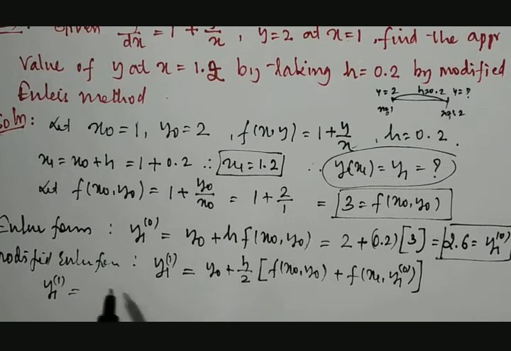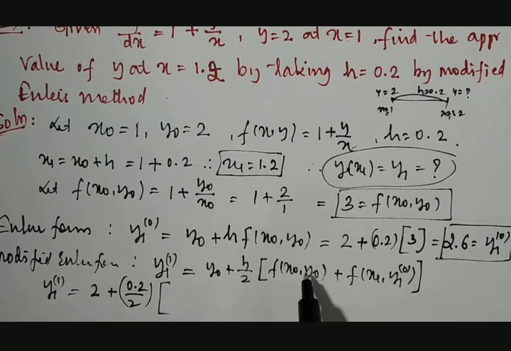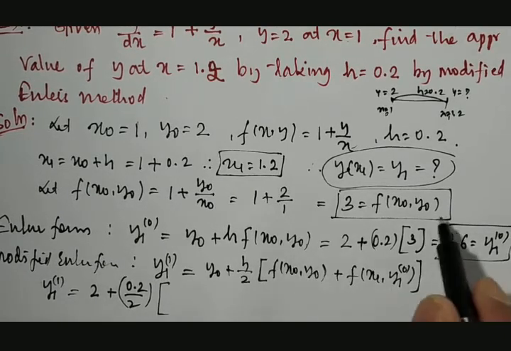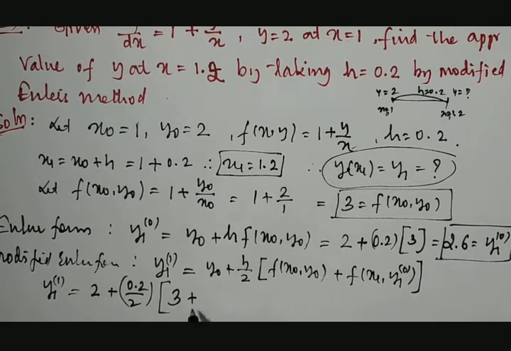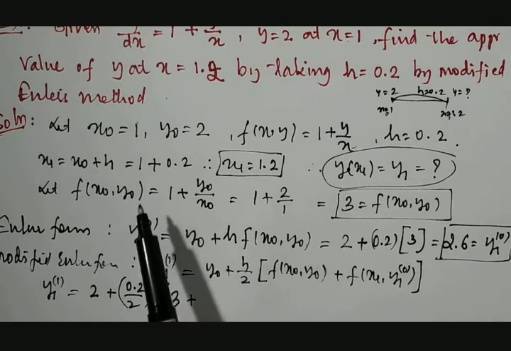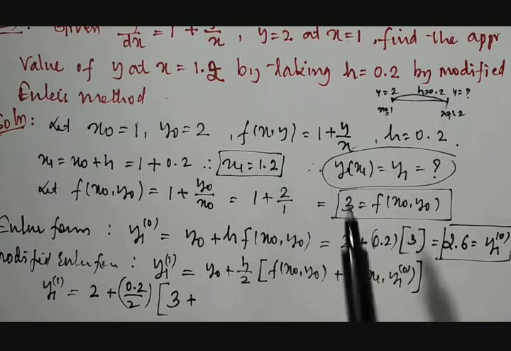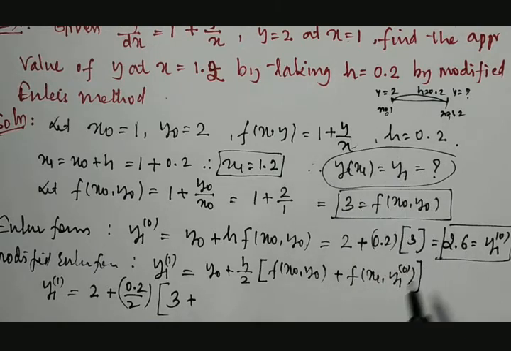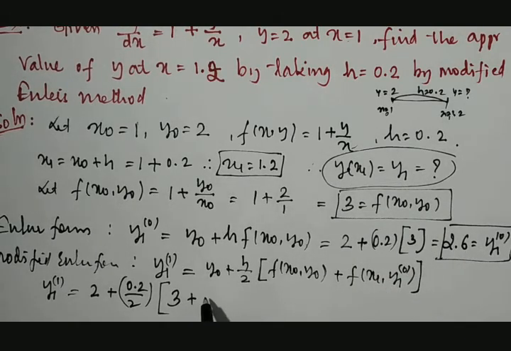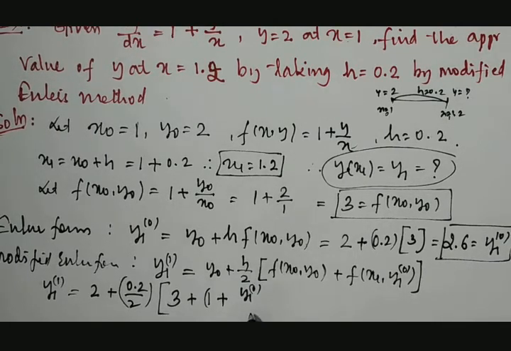So what is the value of y0? That is 2 plus h, which is 0.2 divided by 2, into f of x0, y0, which is 3, plus this functional value. f of x comma y is 1 plus y by x, so x and y at the rate of x1, y1. So it becomes 1 plus y1 initial value divided by x1.